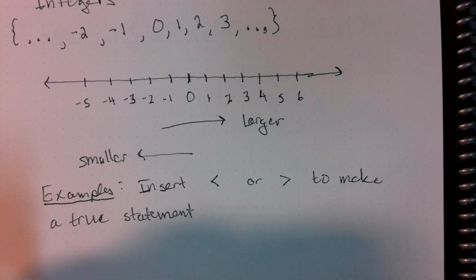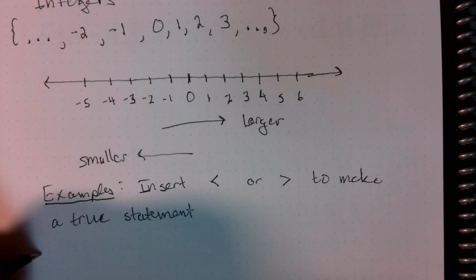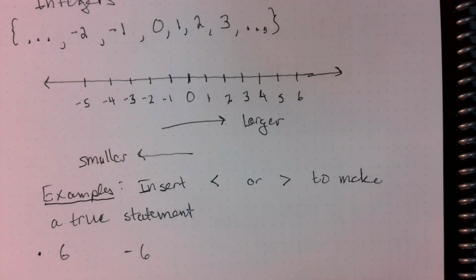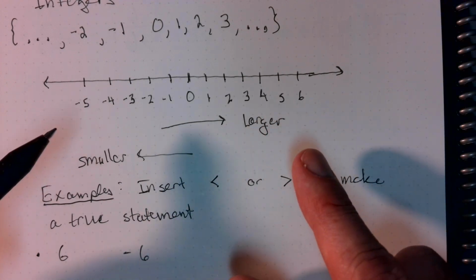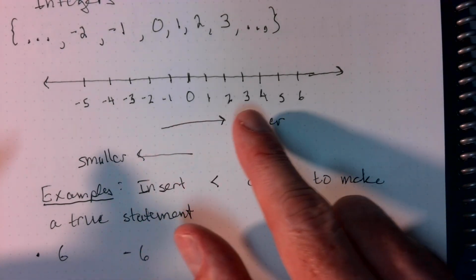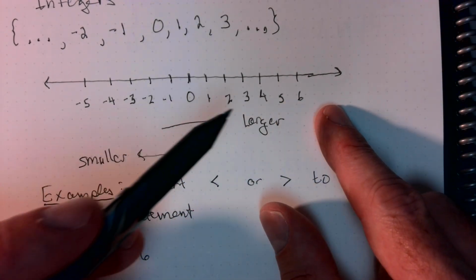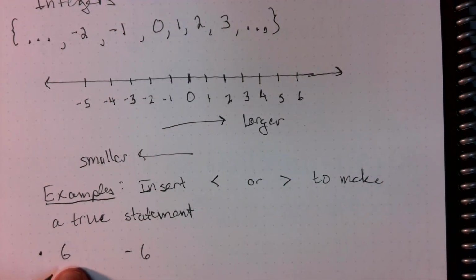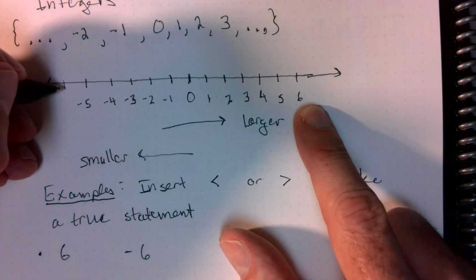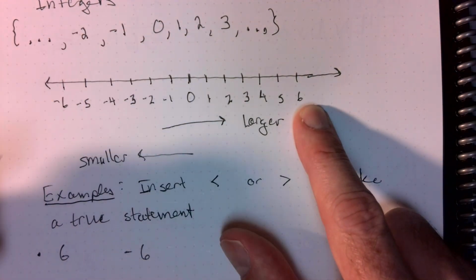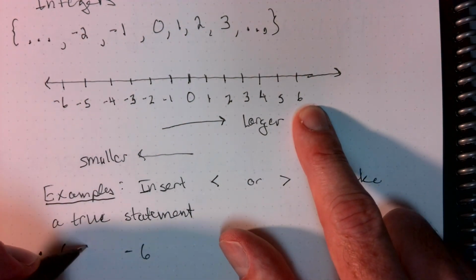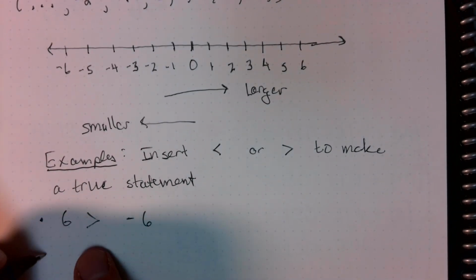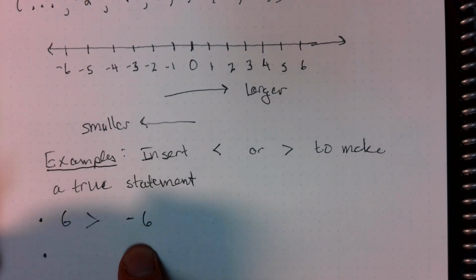How about 6 and negative 6? As we were discussing up here, numbers to the right are larger than numbers to the left. So we can see here, positive 6 would be to the right of negative 6, which would be way over there. So the appropriate inequality symbol would be that: 6 is greater than negative 6.